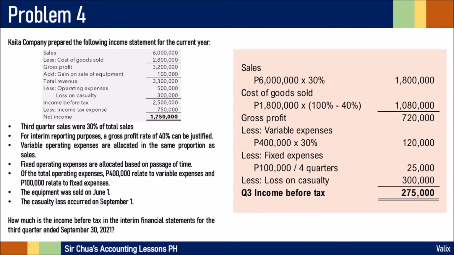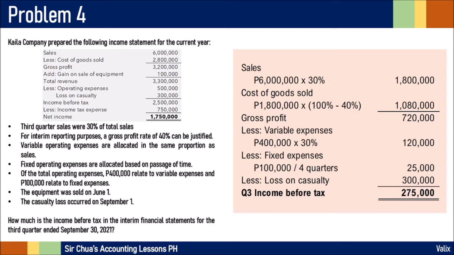Sir, tanong, bakit yung buong 500,000 yung ginagamit mong operating expenses, pang quarter lang naman to? O, ganito yan. Sabi naman natin, 30% ng total sales mo ang pang third quarter. So, yung 400,000 mo, 30% na talaga yung pang third quarter niya. Okay? And then, for fixed expenses, you just have to divide it by 4 quarters, which is 25,000.